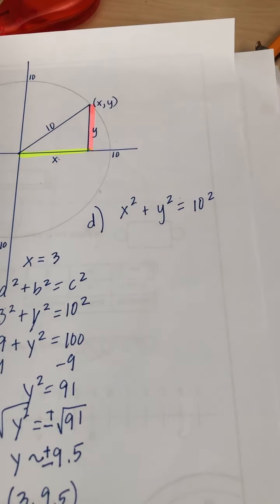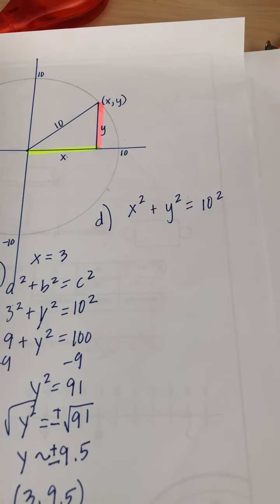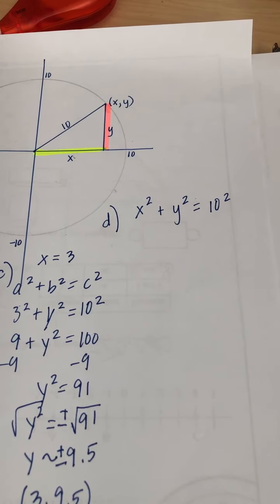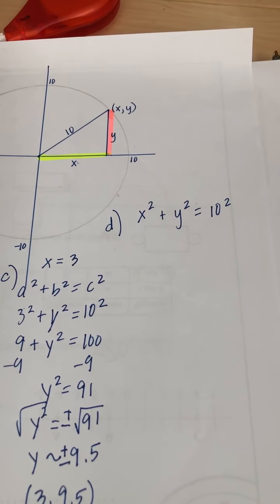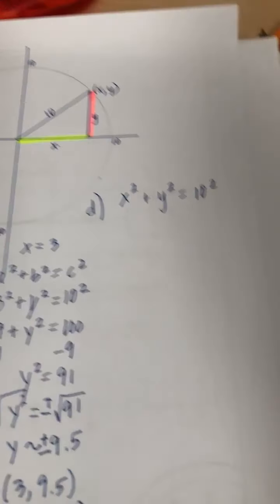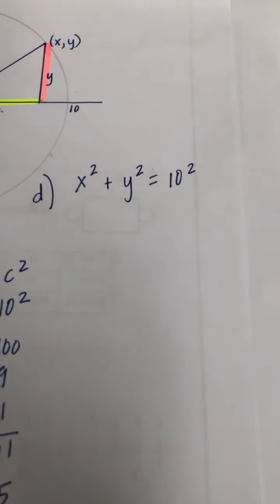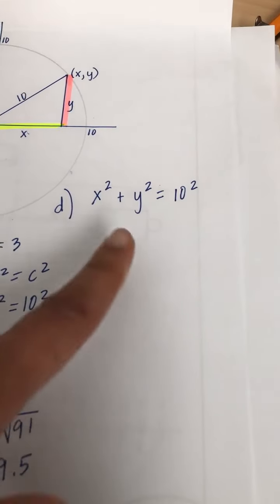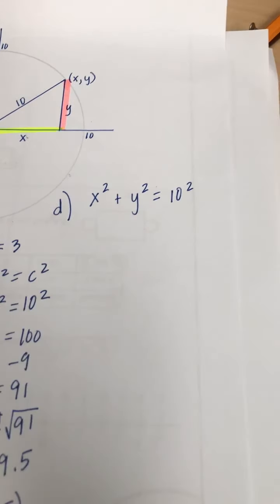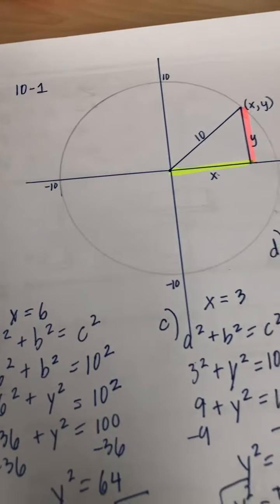Does your equation from part D work for (10, 0), (0, 10), and (-8, -6)? So we're going to test to see if some points live on the circle by entering the points in for x and y. I've already done that.